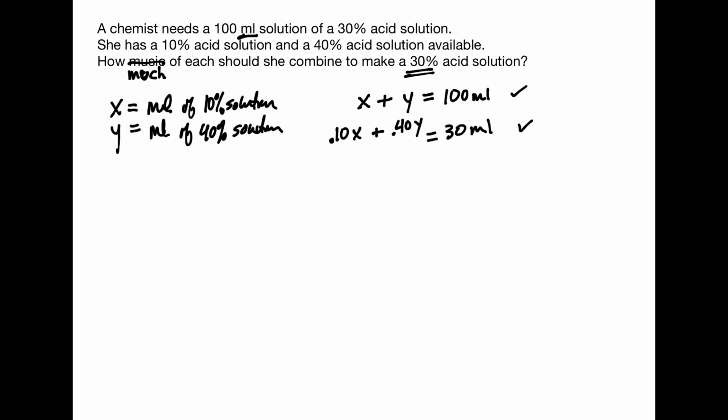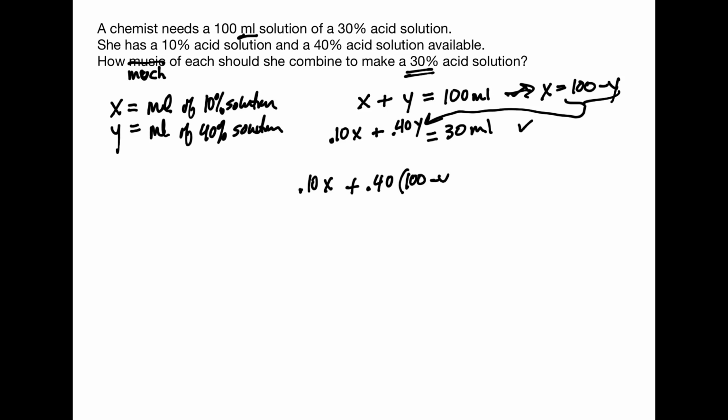Let's take Y to the other side. We'll rewrite this for X. X is equal to 100 minus Y, which is my expression for X. We can substitute over here. So 0.10X plus 0.40 times 100 minus Y equals 30. Oh, I substituted in the wrong thing.